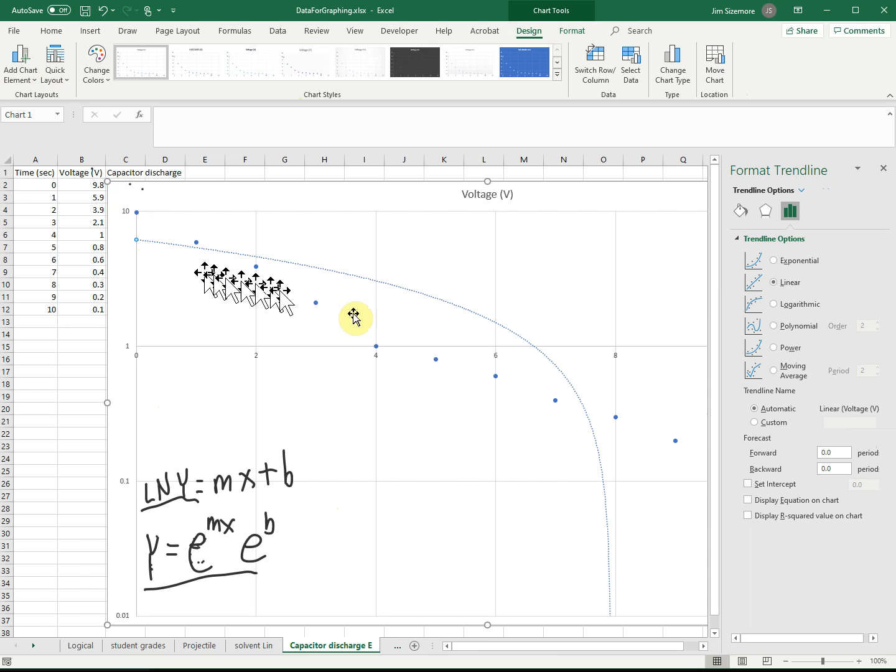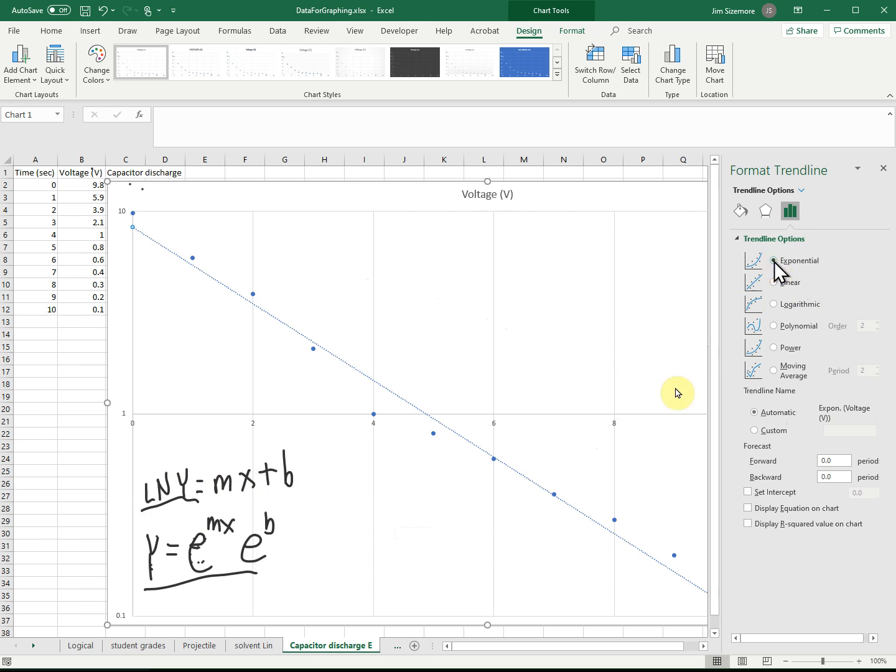Now, what Excel does is it does a linear fit of the logarithm of y to x. So let's pick the exponential model, and there it is. We're going to display the equation.